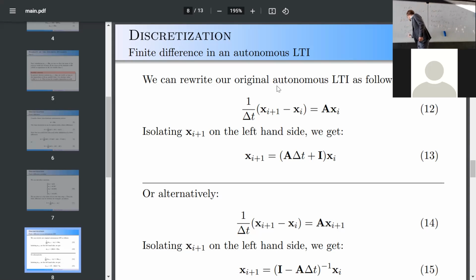Okay, so x sub i plus 1 is equal to the inverse of I minus delta t A, times x sub i. And it has to be invertible, by the way, for all x's in this formulation, because all x's are accessible. So it's not even a pseudo-inverse, it's the exact inverse.